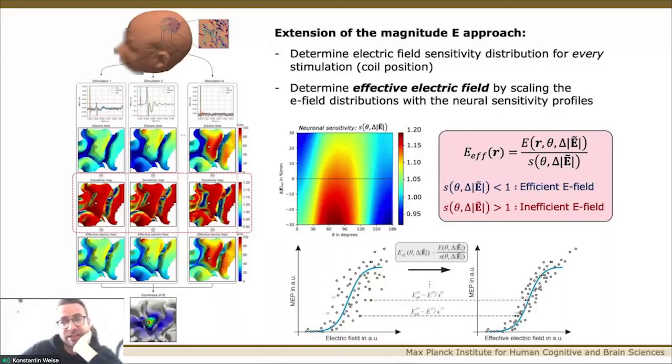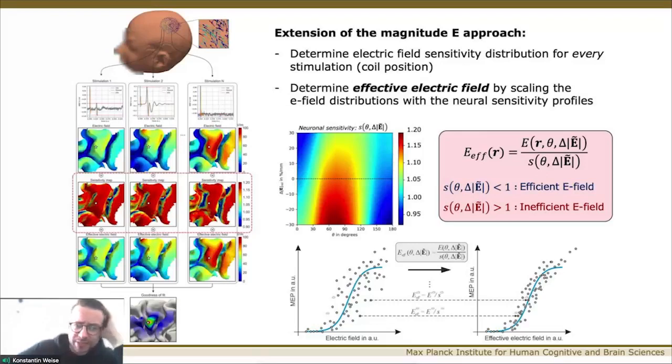This sensitivity map means that for values smaller than 1, we have an efficient electric field which stimulates neurons efficiently, and for a value greater than 1, we have kind of an inefficient electric field, so we potentially need more electric field magnitude in order to stimulate the neurons.